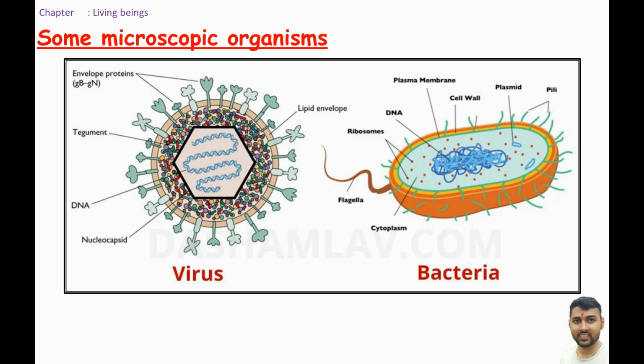Only some of the microorganisms, some viruses and bacteria, cause disease to human beings and other animals. These disease-causing microorganisms are known as microbes, M-I-C-R-O-B-E-S, and other very small organisms which cannot be seen by our naked eyes are known as microorganisms.